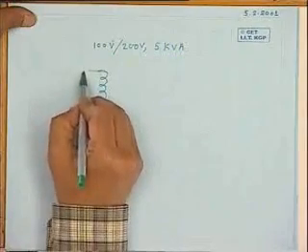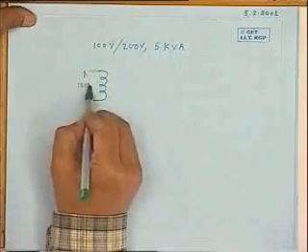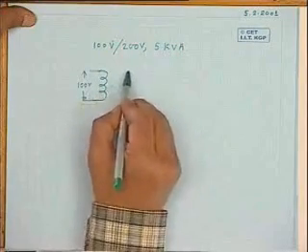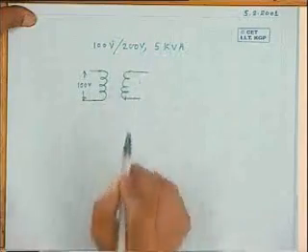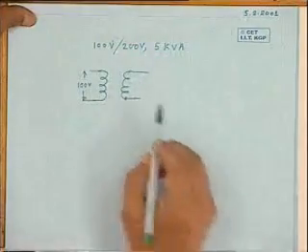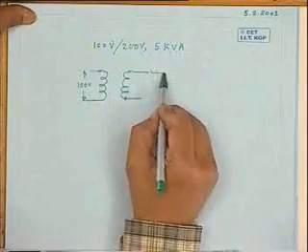Suppose on the primary side I have applied 100 volt, and under no load condition I will definitely get here 200 volt.